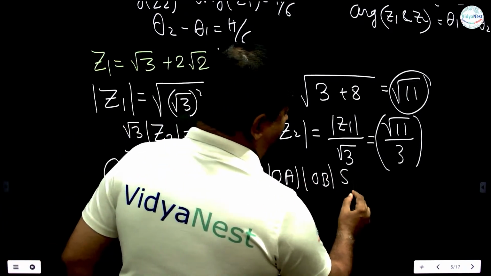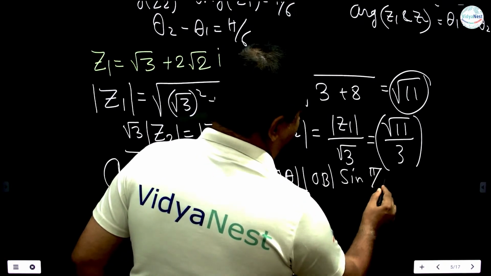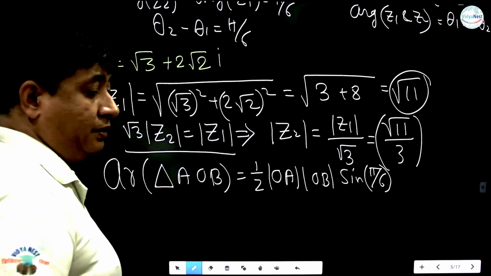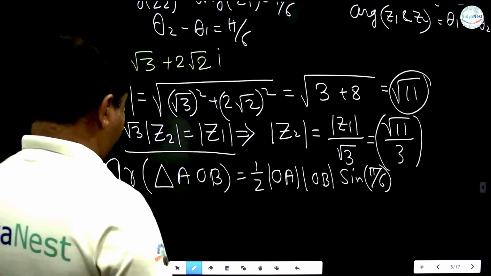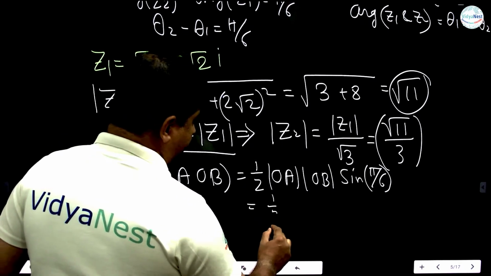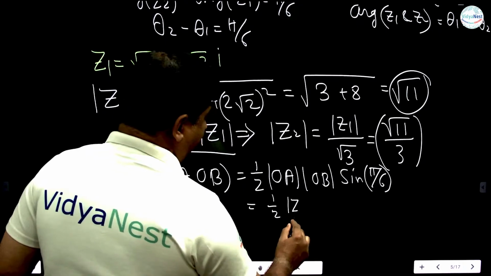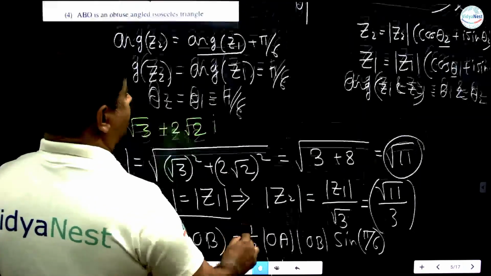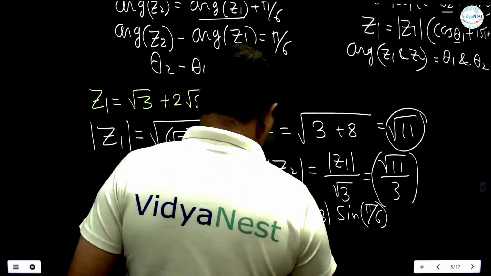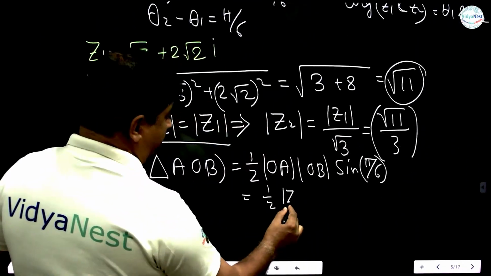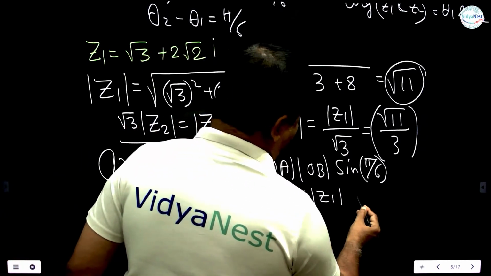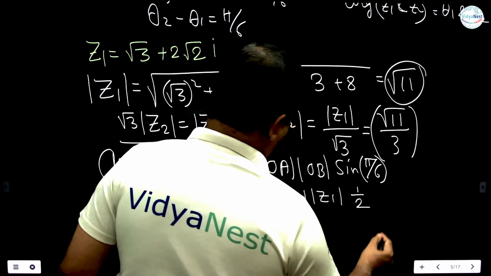What is the angle included between them? π/6. Understand? OA is what? OA means mod Z2. Mod Z2, mod Z1. What is sin 30? Half. Okay?